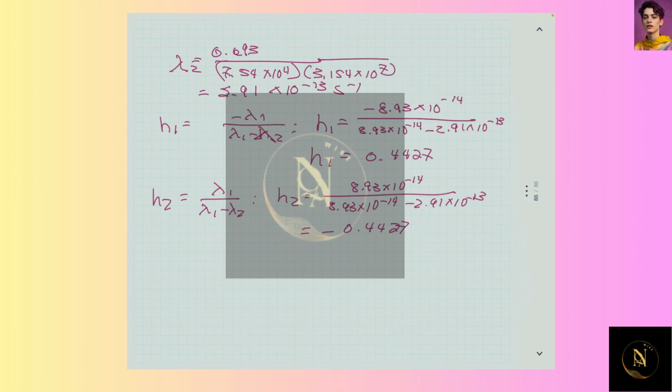Okay, and then we have to consider the number of uranium atoms, so we'll get N10.